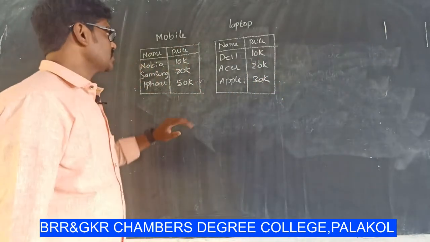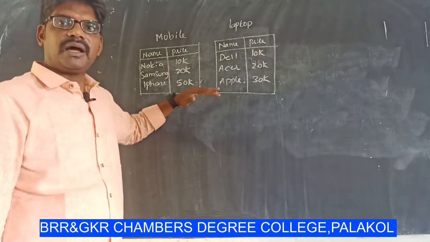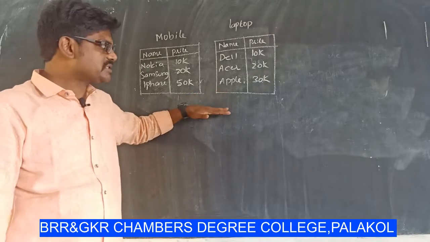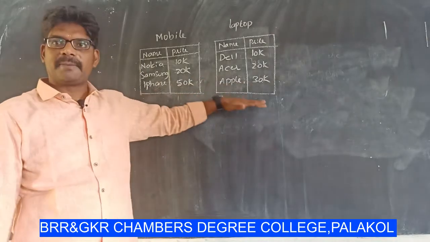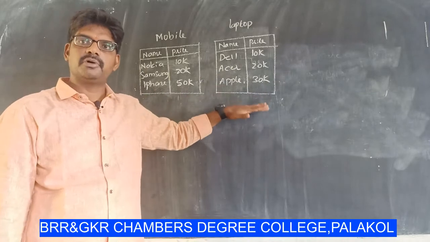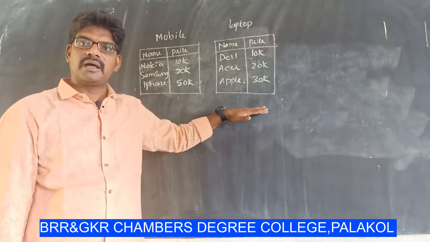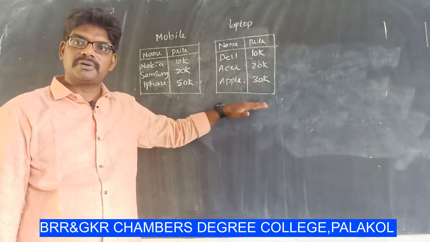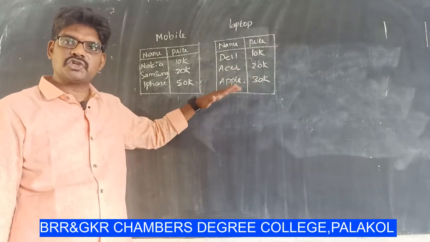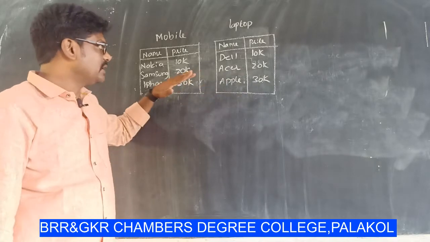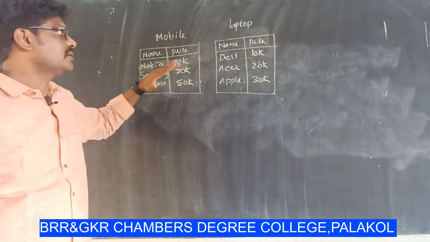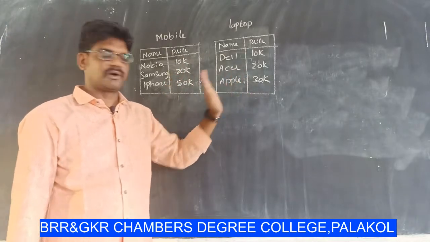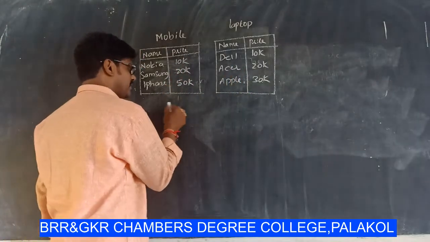Here I am writing a query. So what is the query? Purchase both mobile and laptop, where the mobile price should be less than the laptop price.